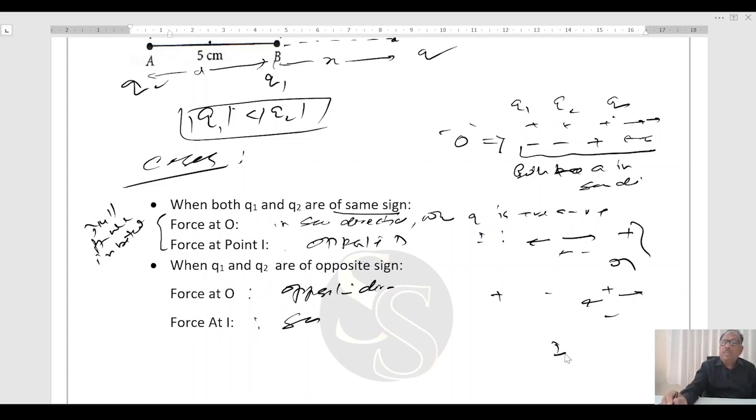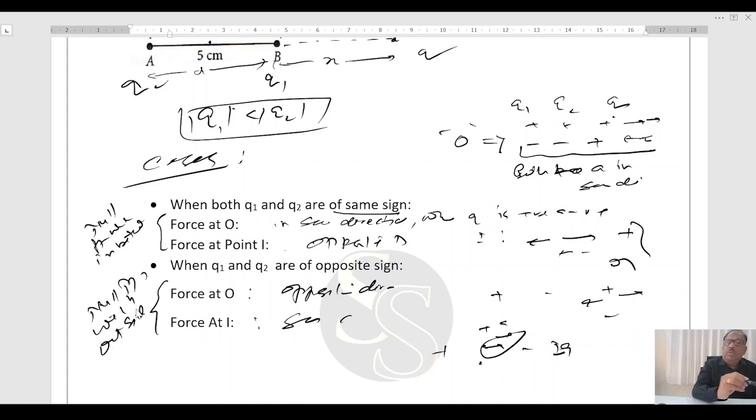At point I, with one positive and one negative, if we put a plus charge Q here, it is repulsive and attractive, in the same direction. So the null point, when Q1 and Q2 are of opposite sign, will be outside.